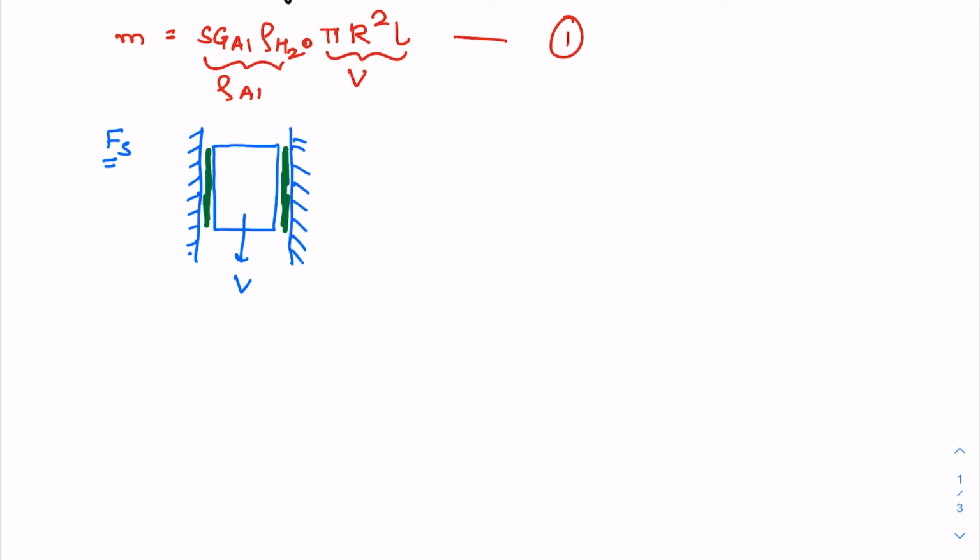If I zoom in on this thin film of the fluid, on the left I will have the side of the piston, and on the right I'll have the steel tube. This piston is moving with a velocity v downwards, and this steel tube is stationary.